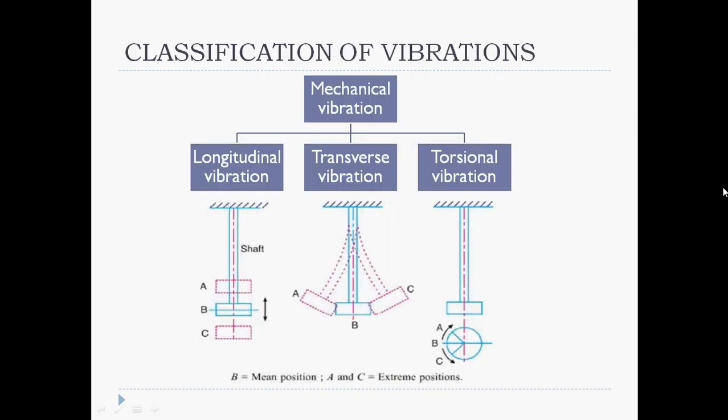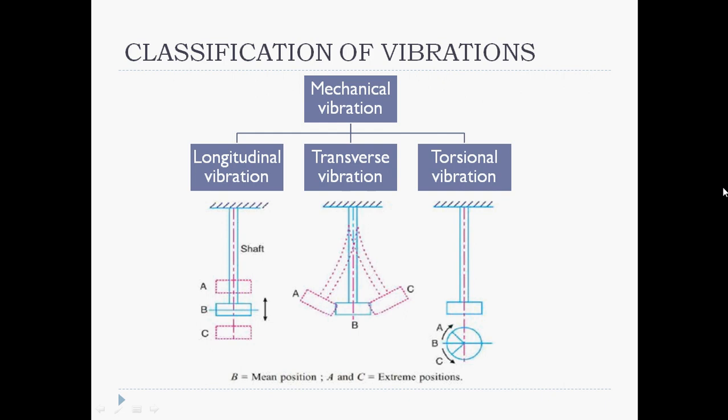Now the classification of mechanical vibrations. Based on the direction of motion of the vibrating body with respect to the elastic medium and the nature of stress induced in the mounting medium, mechanical vibration can be divided into three types: longitudinal vibration, transverse vibration and torsional vibration.